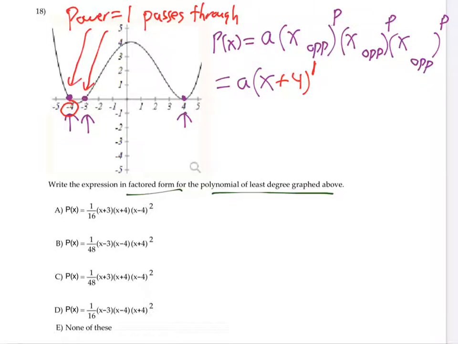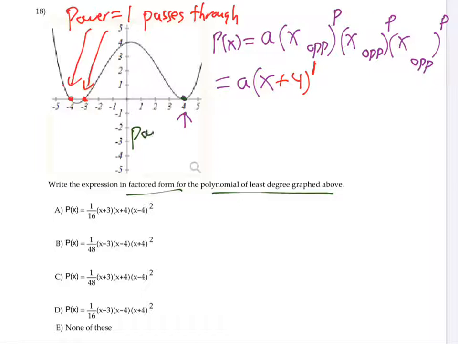See how the graph just passes through? Do you understand what I'm talking about? The graph just goes right through and then right through. So at those 2 places, at -4 and -3, it passes through. But at 4, it bounces.